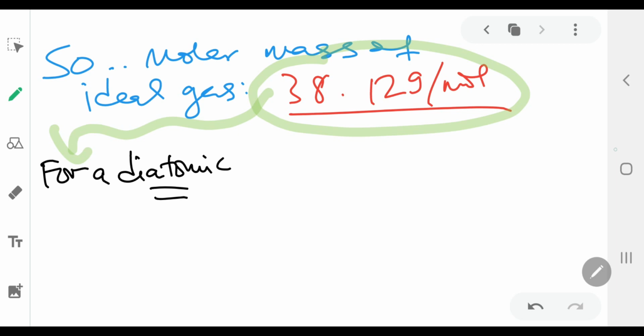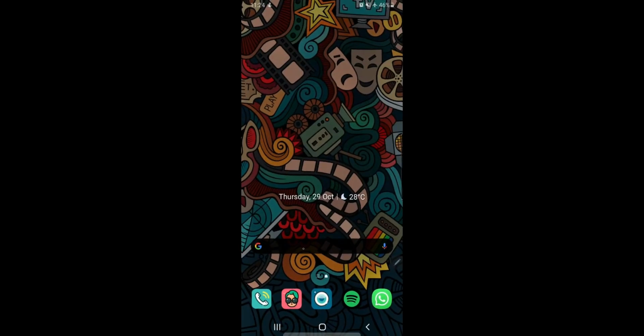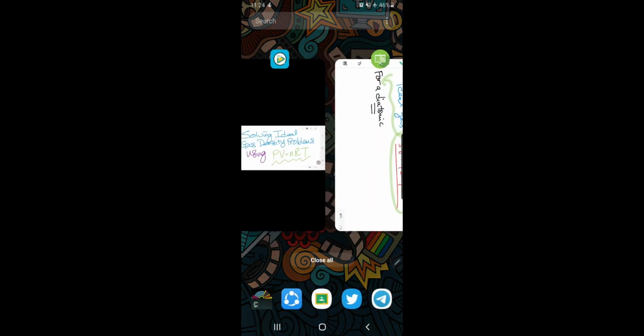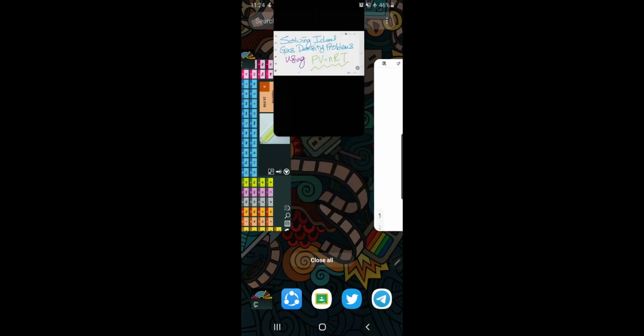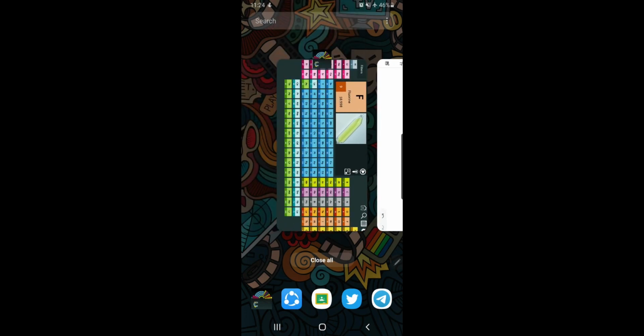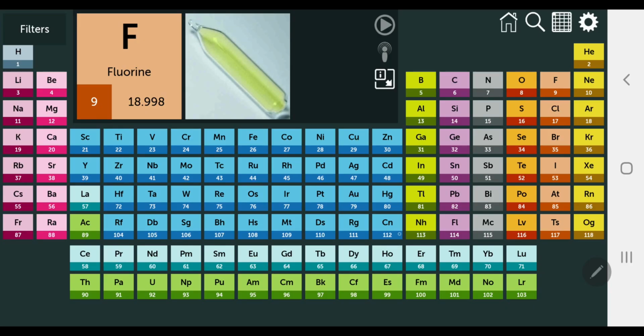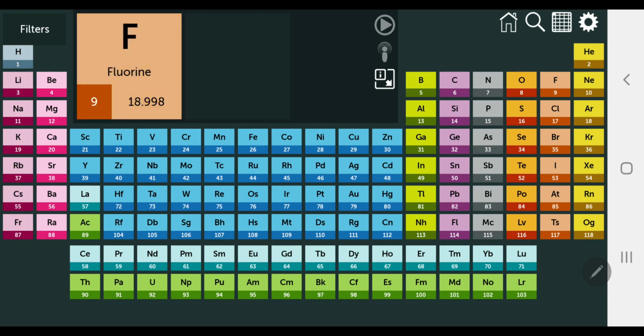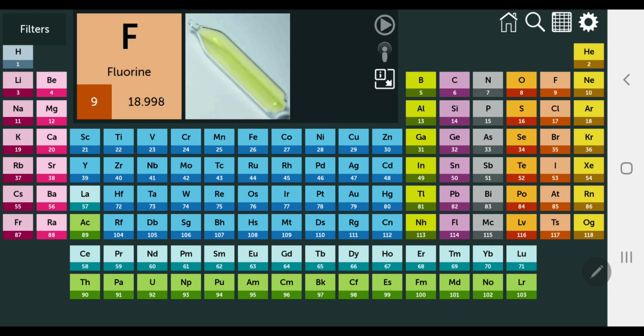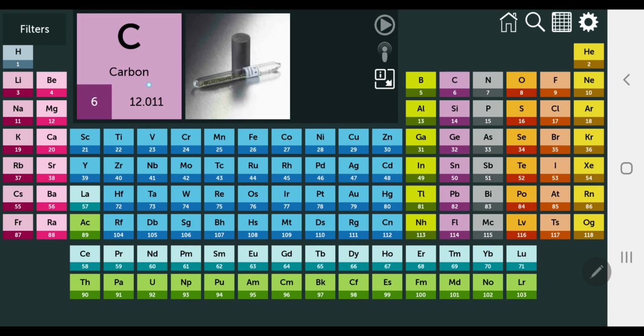But the problem with the periodic table is, if we open it up, it gives you values in terms of atoms. You don't have diatomic. So when you click on this atom, it gives you this number over here. That is the molar mass of the atom. Let's say I click on carbon.